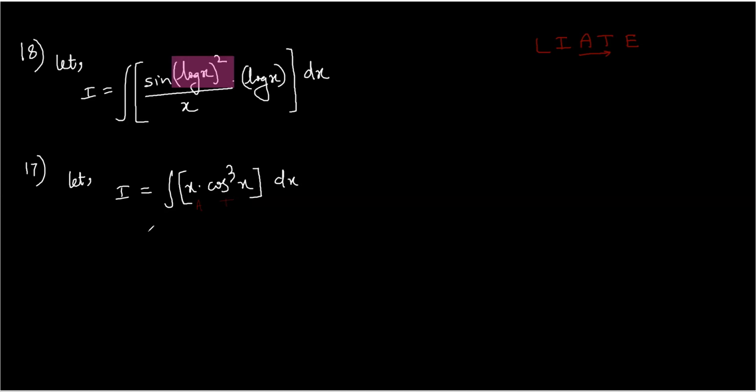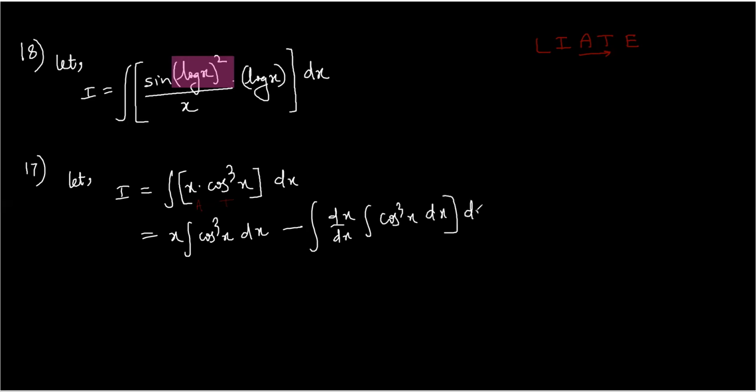If I apply integration by parts, it is cos cube x which will be integrated first. So what I will get is x times the integration of cos cube x dx minus the big integral of d by dx of x and the integration of cos cube x dx, and then dx.